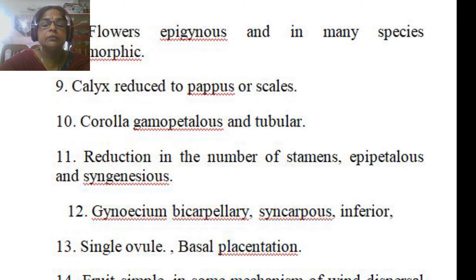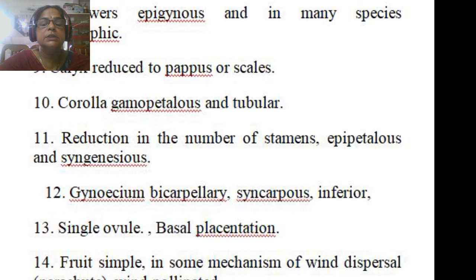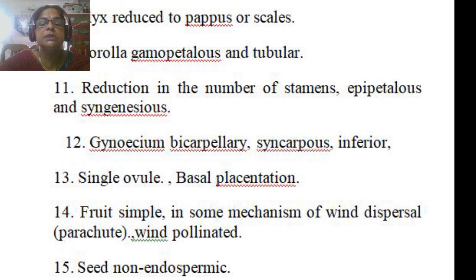The number of stamens is very small, that is 5, epipetalous and syngenesious condition. Syngenesious condition means all stamens are united at the anthers and the filaments are free. Gynoecium bicarpellary, syncarpous, and ovary is inferior.